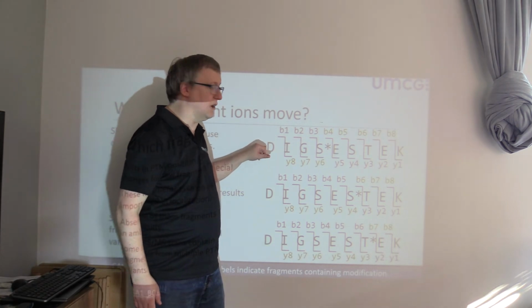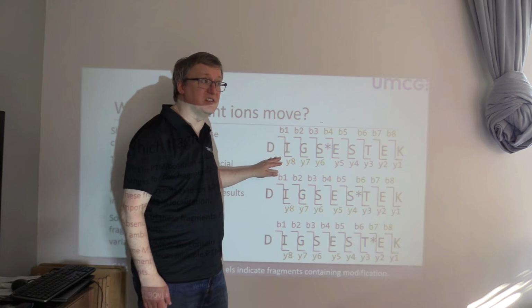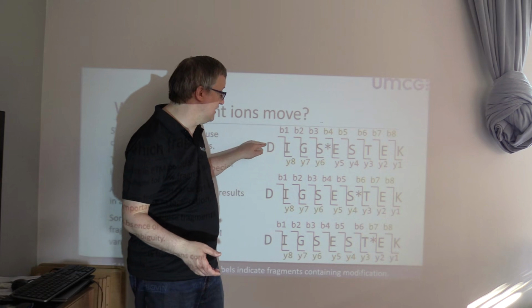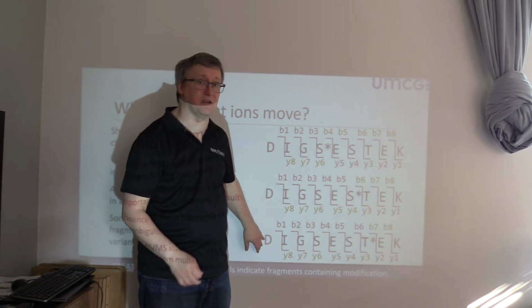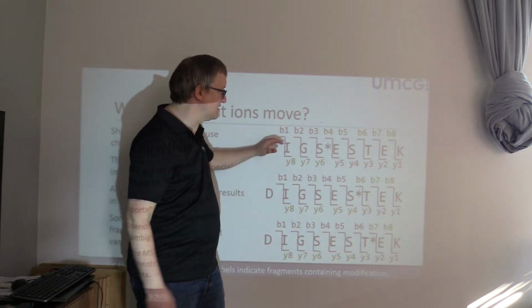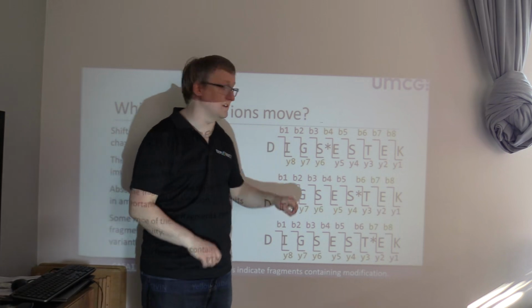So the 3 of these have the same sequence and they have the same composition of post-translational modifications. Therefore, their mass is identical. In mass spec terms, we would say these are isobaric peptides: identical masses, not close masses, identical masses.